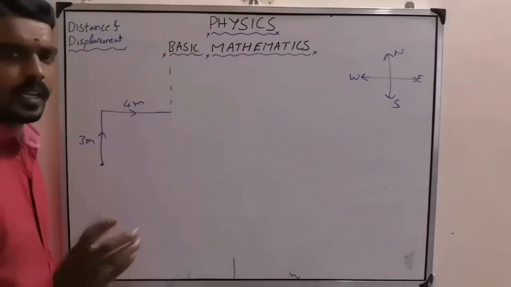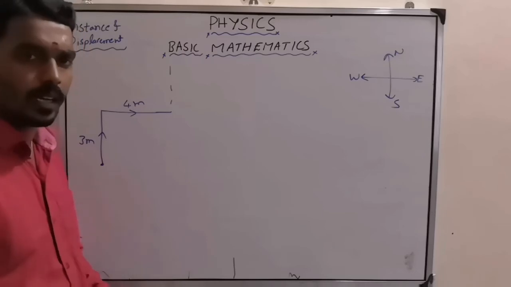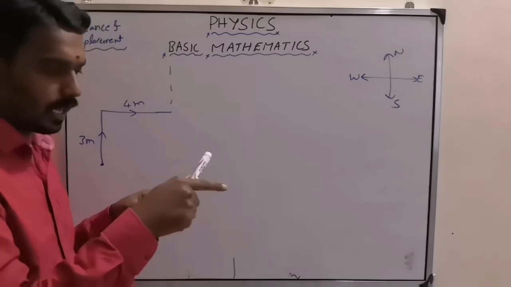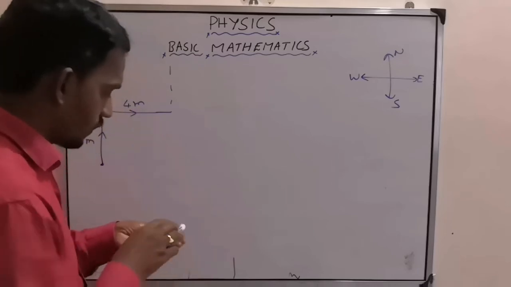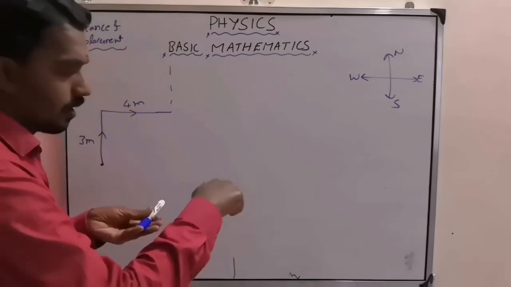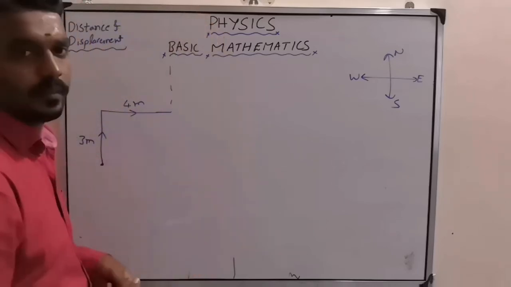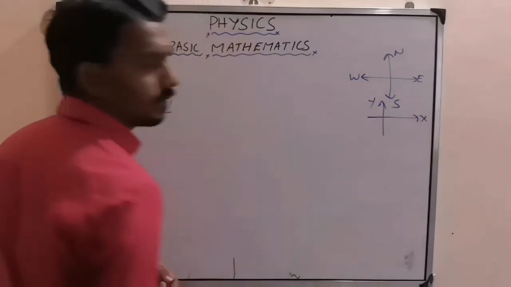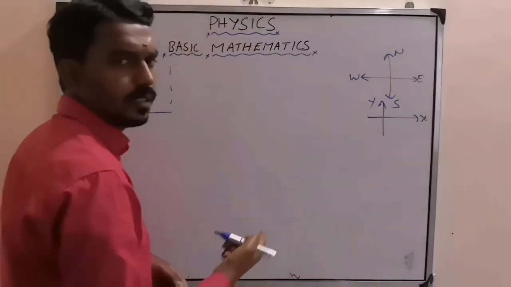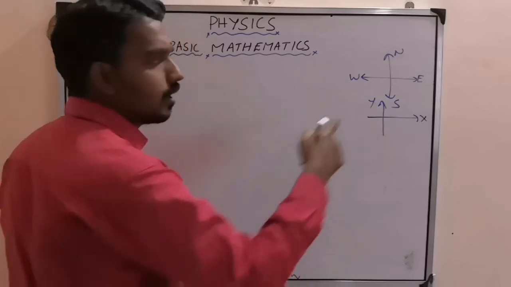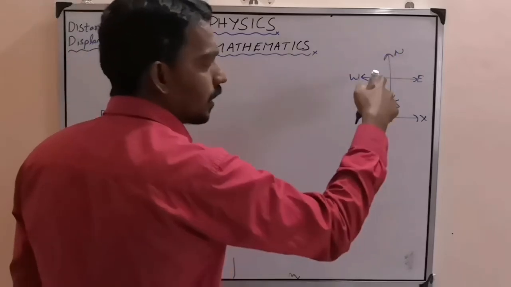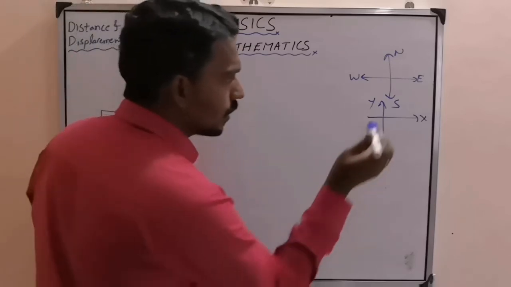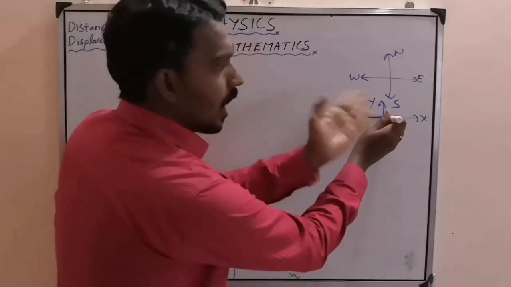Or else I will tell you a simple way. Whenever the particle travels one along x, then along y, like this is x east, y, z. Always take this way. This is x, this is y. Positive x means east, negative x means west, positive y means north, and negative y means south. Z axis means what? Perpendicular to both.